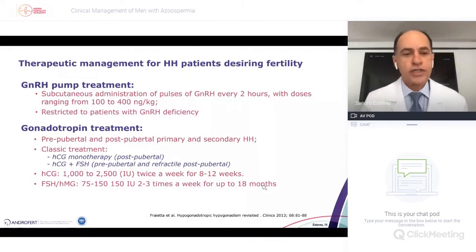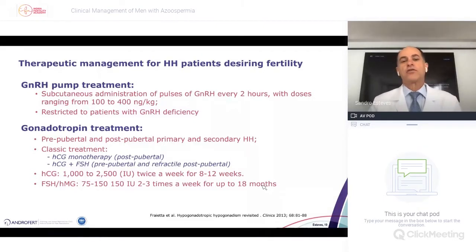So how do we use it? Concerning HCG, we give 1,000 to 2,500 international units twice a week, for at least 3 months. Sometimes patients respond faster, but you need to consider that it may take up to 6 months to have sperm production.